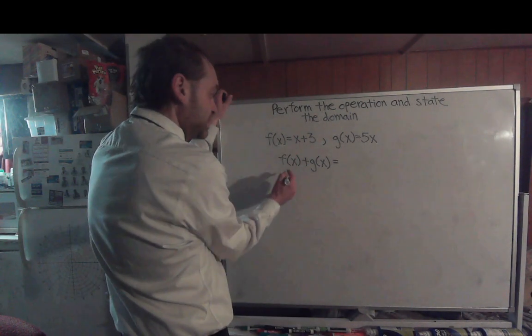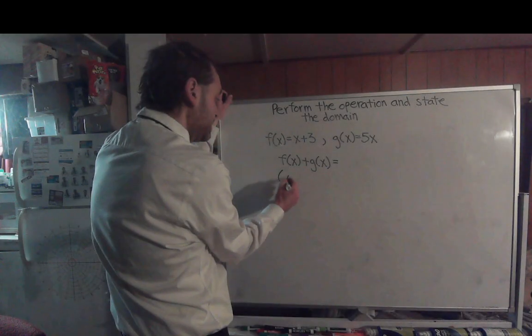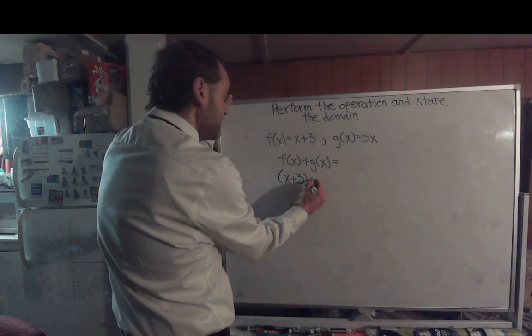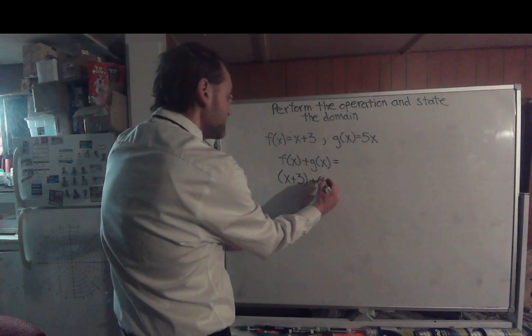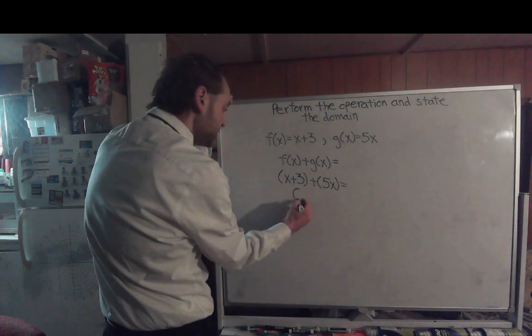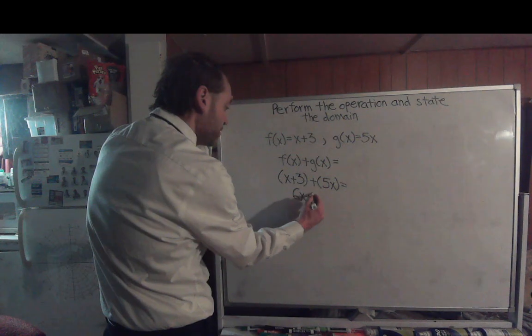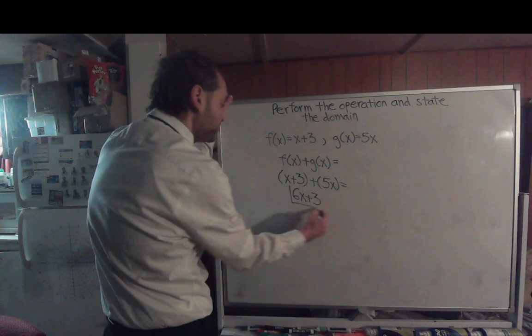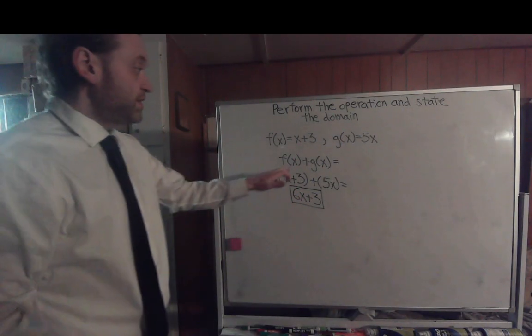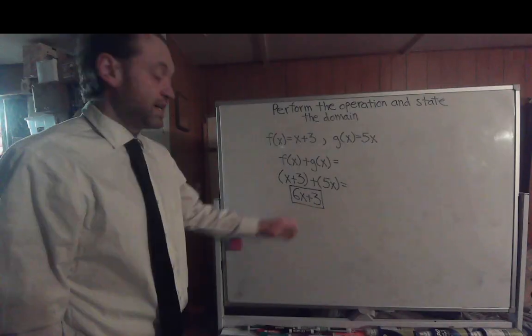So f of x is x plus 3, right? So you'll have x plus 3 for f of x, plus that 5x for g of x. Now you're just going to add these. You will literally get 6x plus 3 for your function result. So f of x plus g of x would be 6x plus 3.